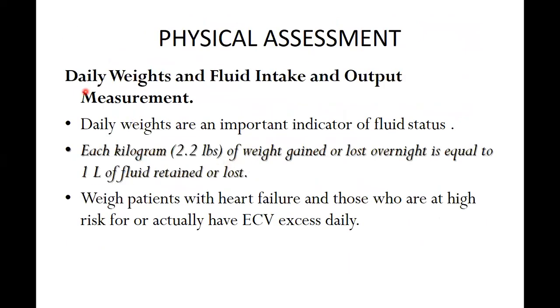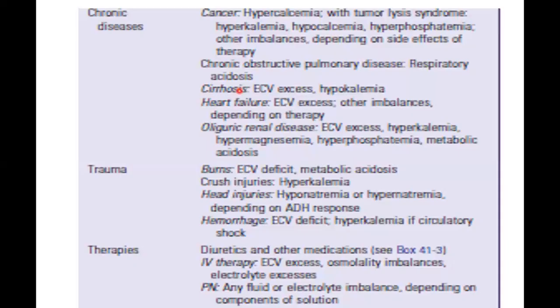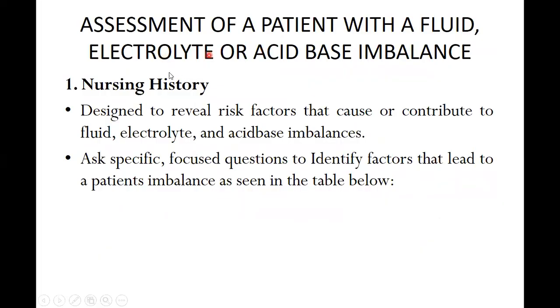So daily weights, and let's begin with the history rather. So the history, what nursing history do we collect? This nursing history is designed to review the risk factors that could have contributed to this fluid, electrolyte, or acid-base imbalance. Now, ask specific, focused questions to identify factors that could have led to this.